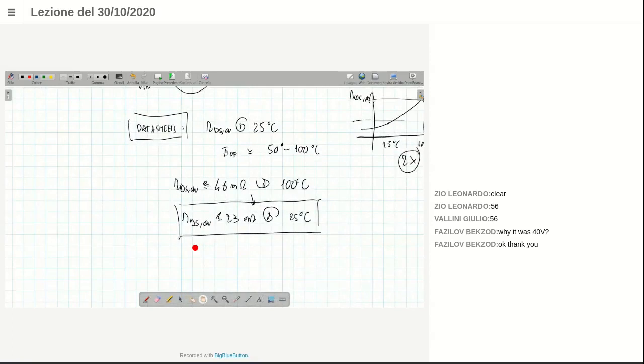First of all, before moving to the capacitor, is everything clear concerning how to choose the MOS transistor, the voltage and the RDS on? Is that clear? If it is clear, we can move to the capacitors. C in and C out.